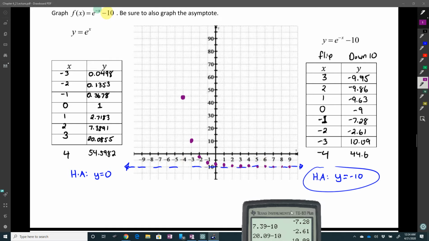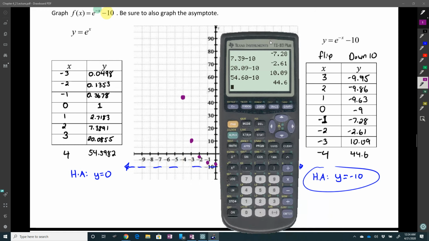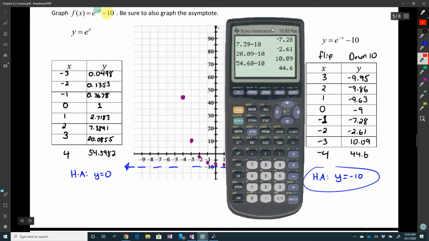Right? And if you wanted to add in more, you could. For instance, 5. I think e to the 5 is going to be off the grid. Yeah, 148 point something. So the next one would be 10 less than that, so yeah, off the grid.